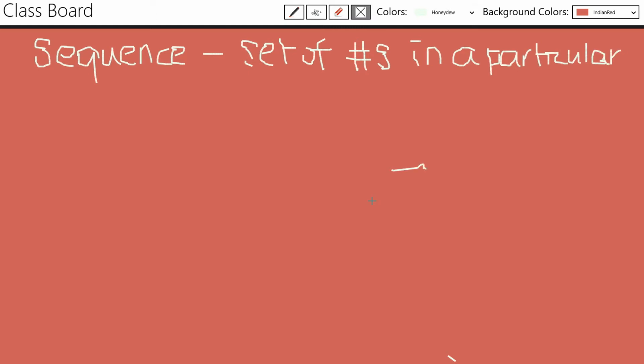Sequences, a set of numbers in a particular order or pattern, if you want to write them down.